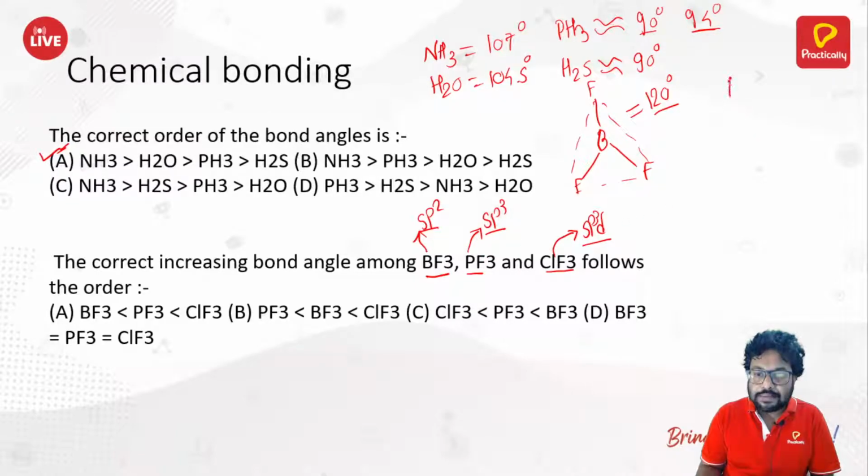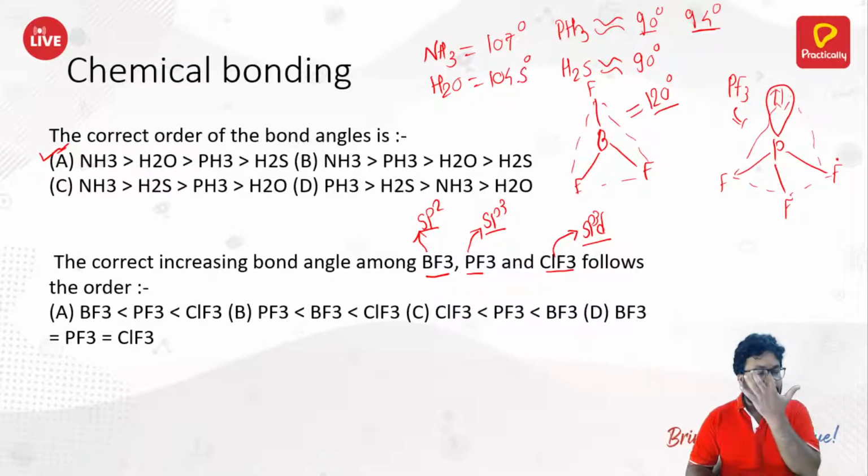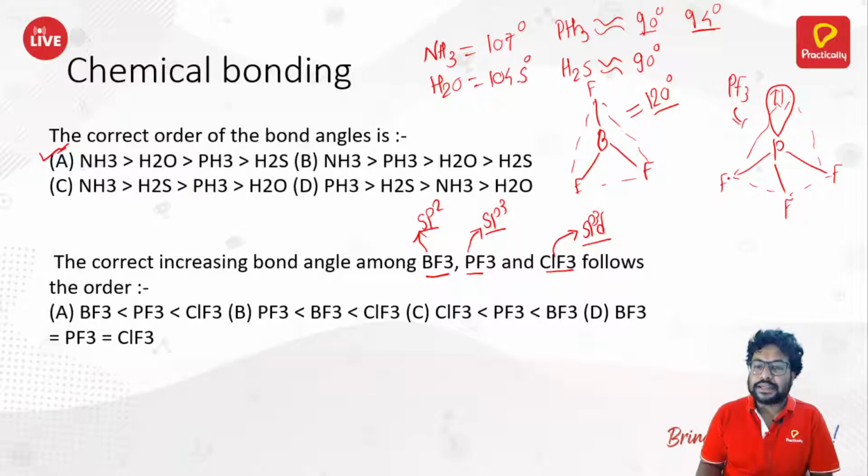For PF3, since it is sp3, it should look like this. You have a lone pair here on phosphorus. Then you have fluorine. It is like this. It is trigonal pyramidal. You have a pyramid here.